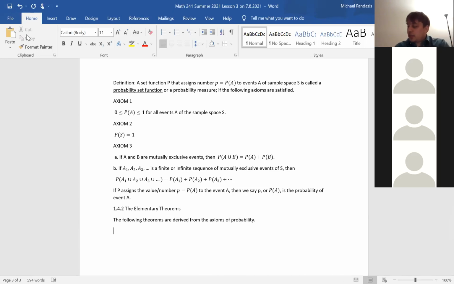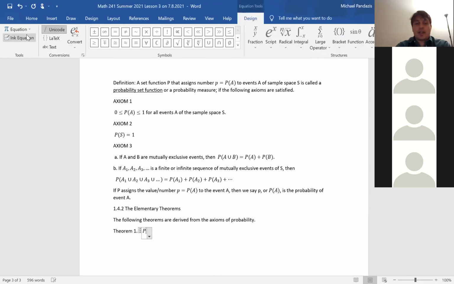Okay, so the following theorems are derived from the axioms of probability. Theorem 1.1 says that the probability of the empty set is equal to 0.